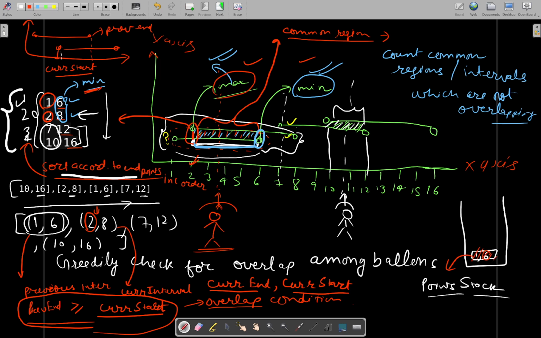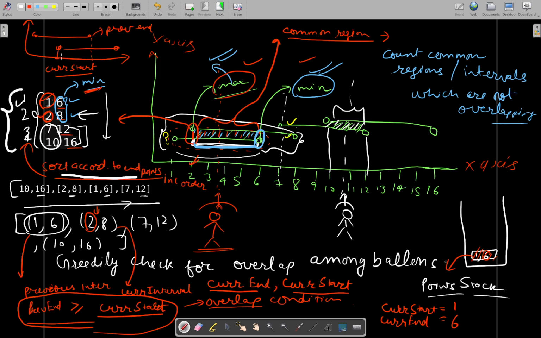So now the current start and current end values are: current start is 1, since we were taking the maximum of 1 and 2, and current end is the minimum of these two, which was 6.